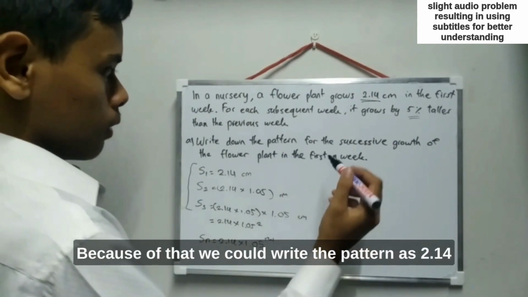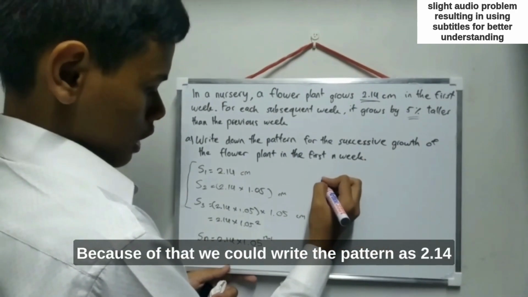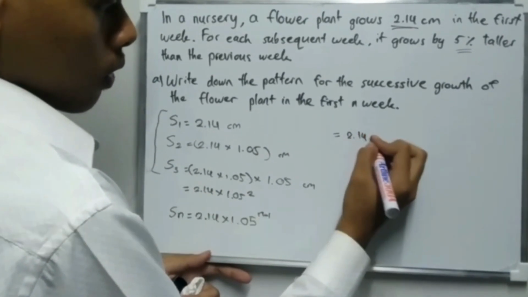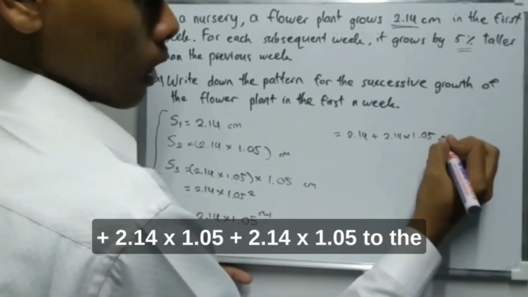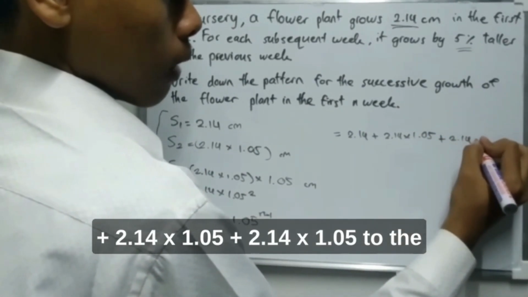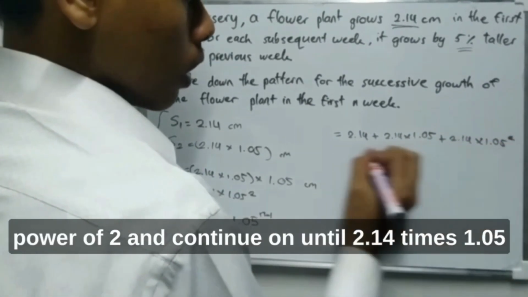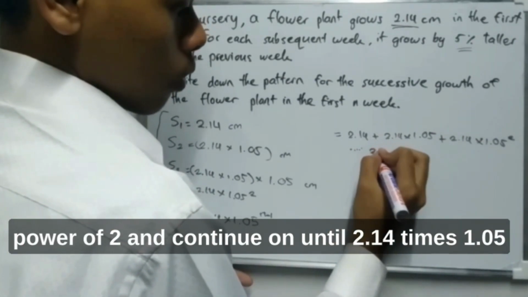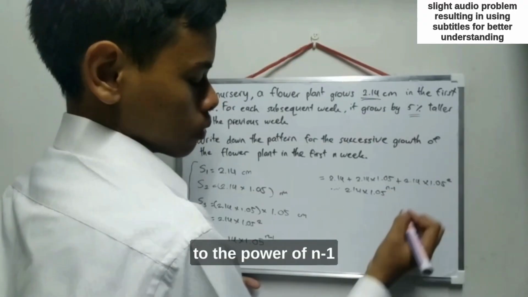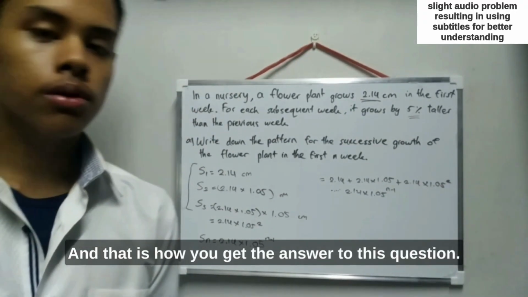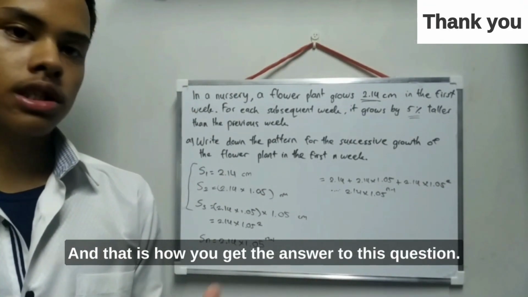Because of that, we could write the pattern as 2.14 plus 2.14 times 1.05 plus 2.14 times 1.05 to the power of 2, and continue on until 2.14 times 1.05 to the power of n minus 1. And that is how you get the answer to this question.